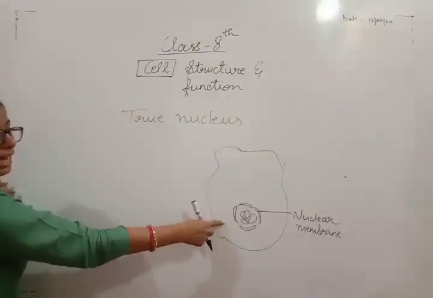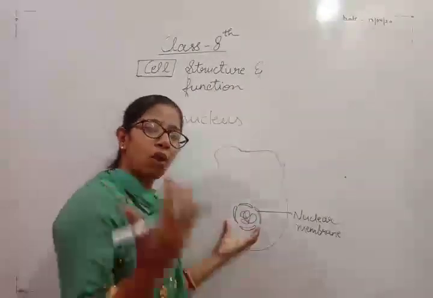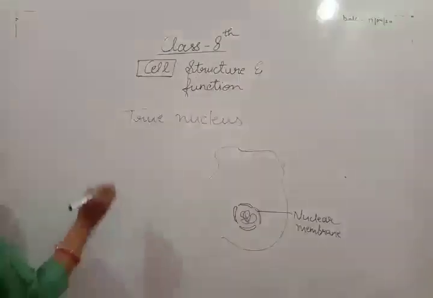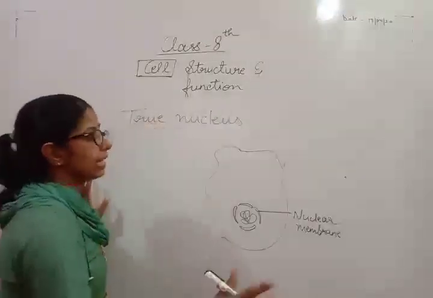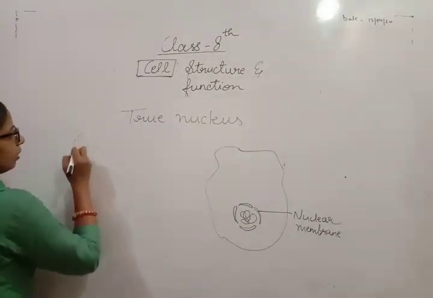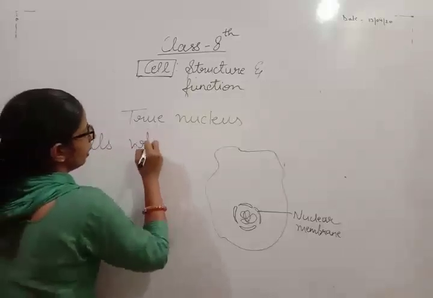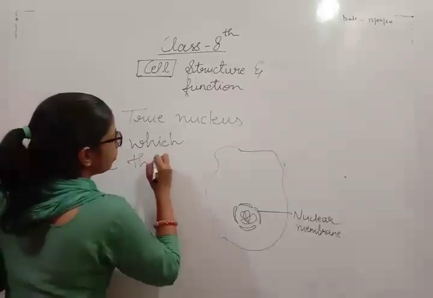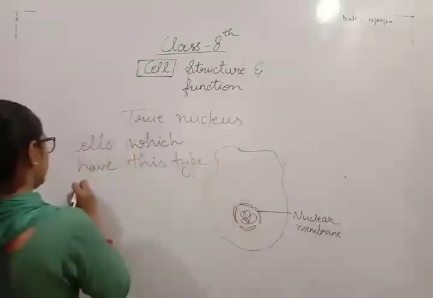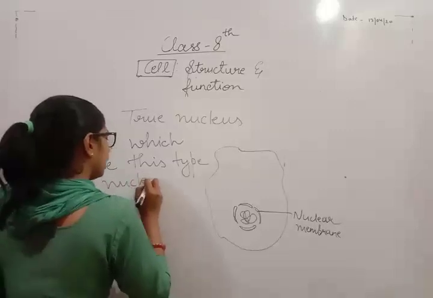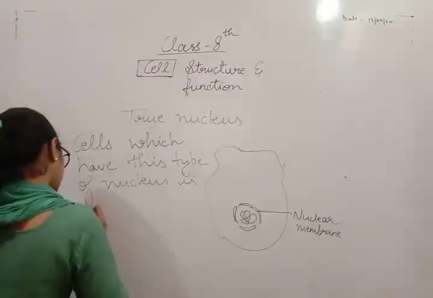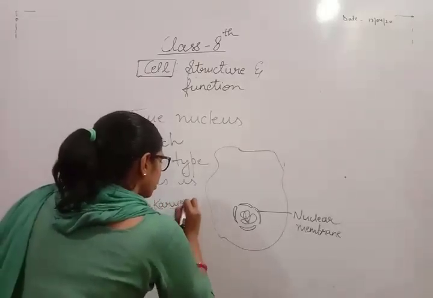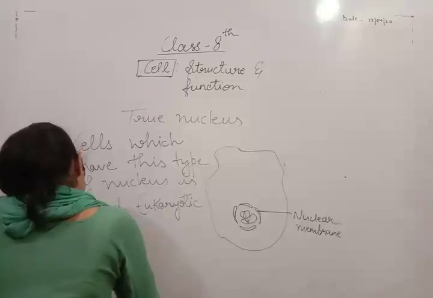So this type of nucleus which is well organized is known as true nucleus, and the organisms and the cells which have this type of nucleus are called eukaryotic cells.